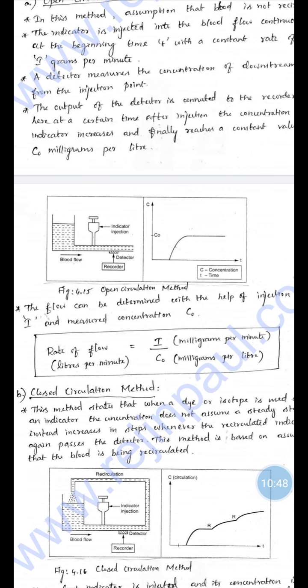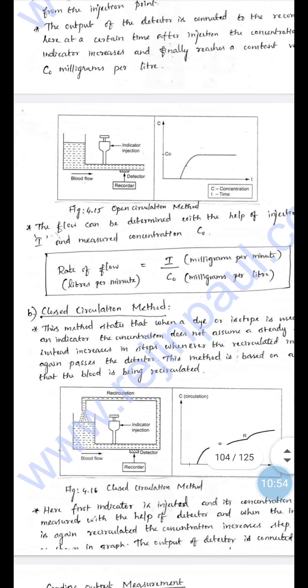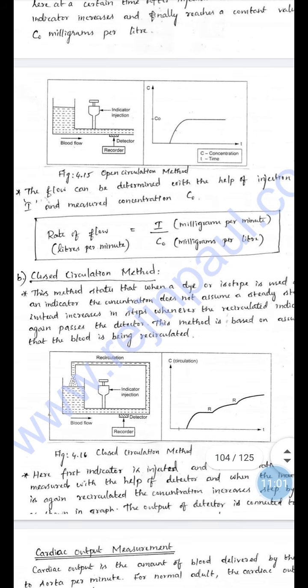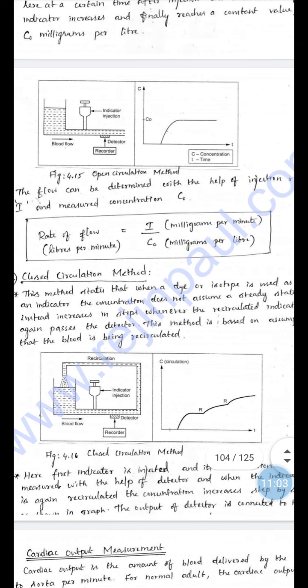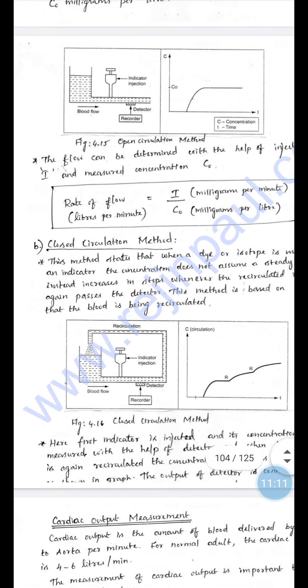Here the corresponding diagram with graphical representation is given. The flow can be determined with the help of the injection rate I and the measured concentration C0. The rate of flow, in liters per minute, is given by I divided by C0. I is in milligrams per minute, and C0 is in milligrams per liter.